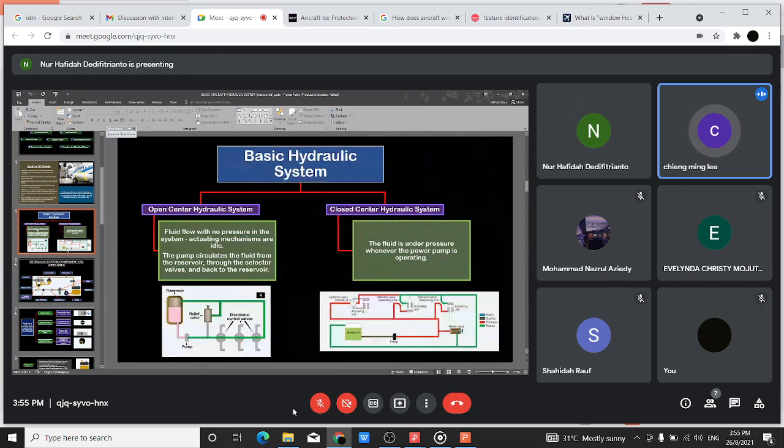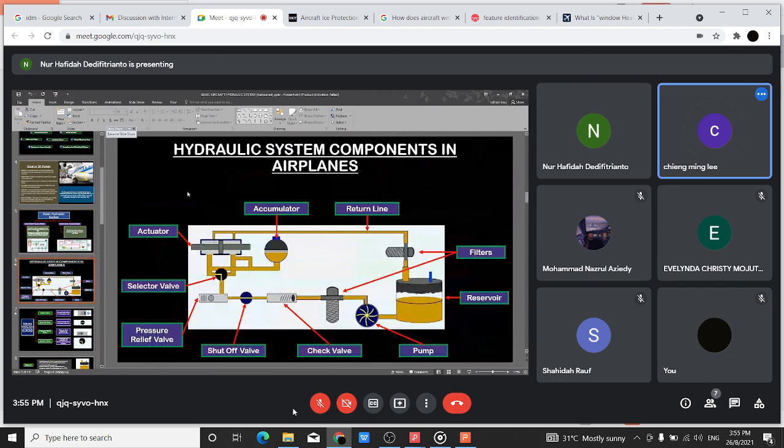And the next one. Yeah, this one. From the reservoir, go to the pump, go to the filter, go to the check valve, then shut off valve, relief, selector, go to actuator. So the actuator can be anything: landing gear actuator, steering actuator, flaps, flight controls, all these things will be actuators, right?